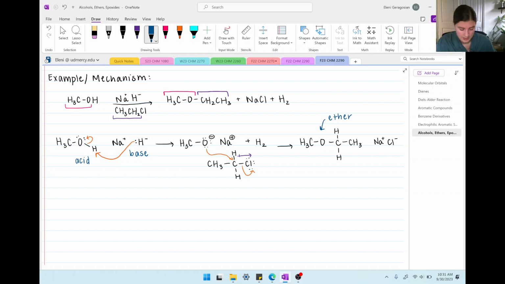This is the mechanism, or an example of the mechanism for the Williamson ether synthesis. If we just practice some naming here, our product, we have a methyl group and an ethyl group. In the ether, those are the two groups bonded to the oxygen. So the name of this is ethyl methyl ether.